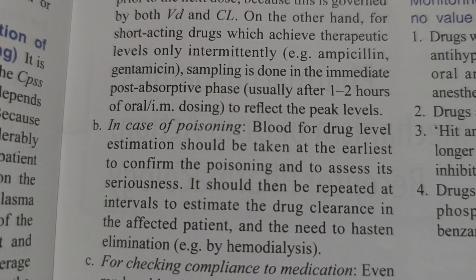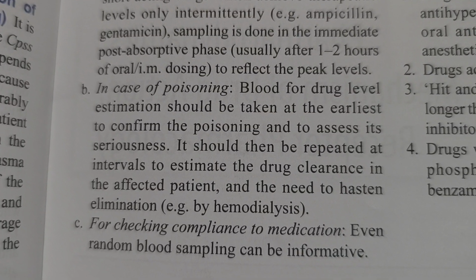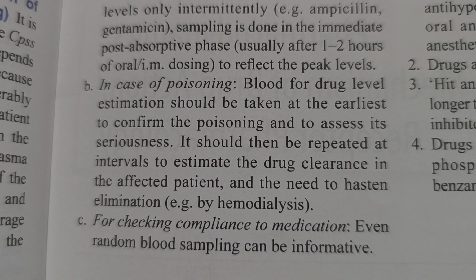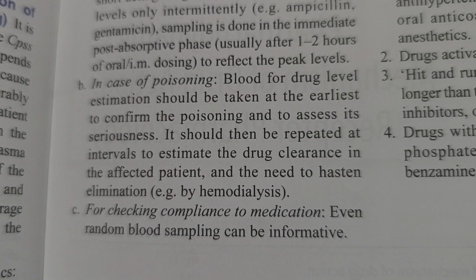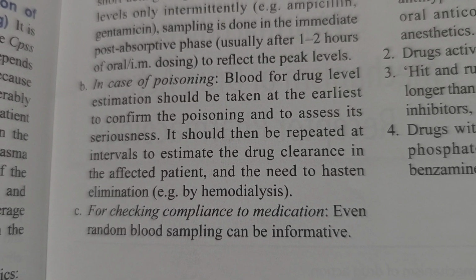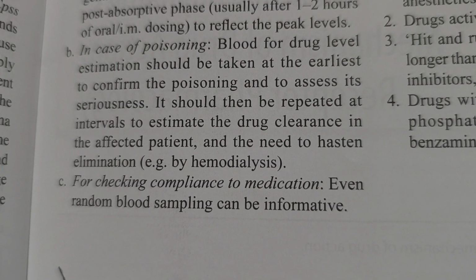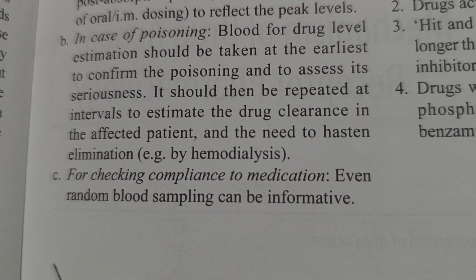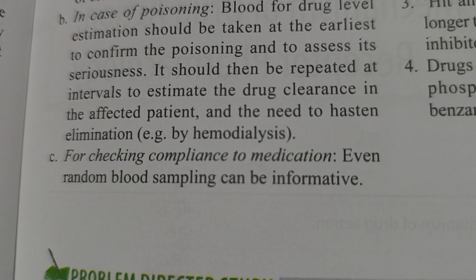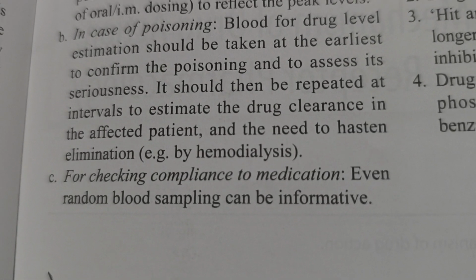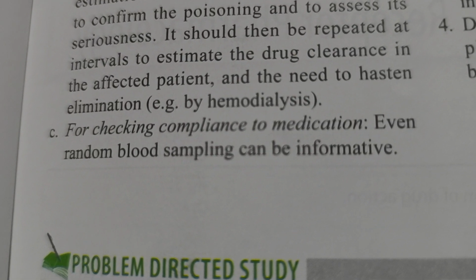On the other hand, for short acting drugs which achieve therapeutic level only intermittently, ampicillin, gentamicin, sampling is done in the immediate post absorptive phase, usually after 1 to 2 hours, to reflect the peak levels. In case of poisoning, blood for drug level estimation should be taken at the earliest to confirm the poisoning and to assess its seriousness.